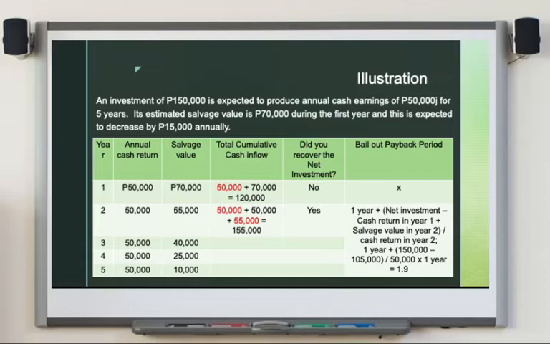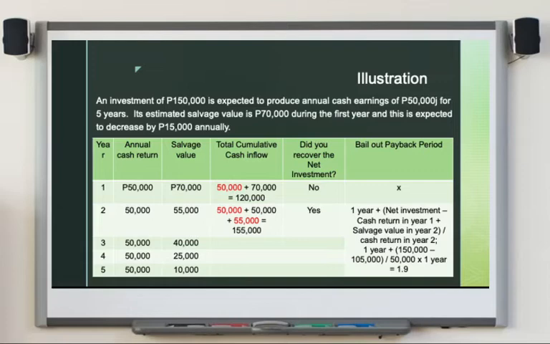And that is what we will be using as a numerator to the annual cash return for the second year, and that is 45,000 divided by 50,000. We will get 90% or 0.9, and therefore the bailout payback period is 1.9.